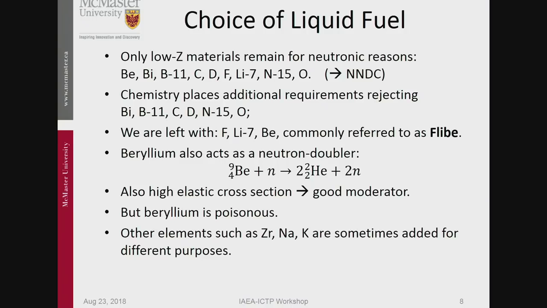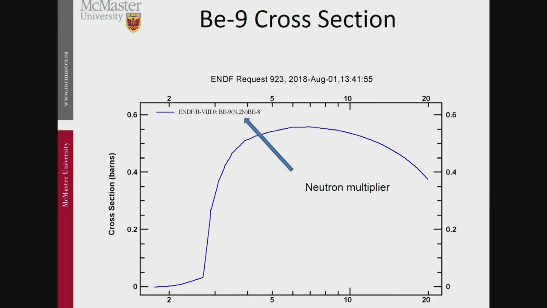And then you get 2 neutrons. So you shoot with a neutron, and you get 2 neutrons out, which is nice. It's actually very nice to have a beryllium neutron multiplier.